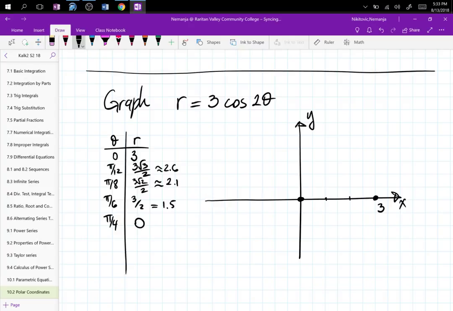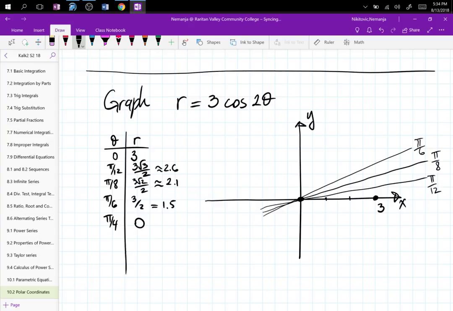So what do I have? Well, I have angles of pi over 6, pi over 8, pi over 12. And as you can see, we'll measure these numbers and they will do this.